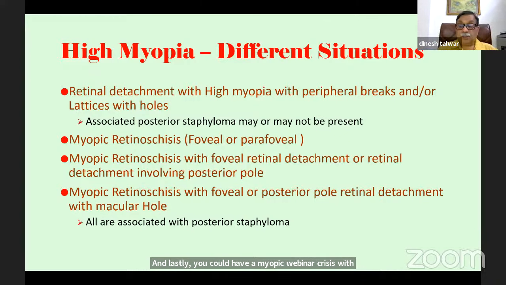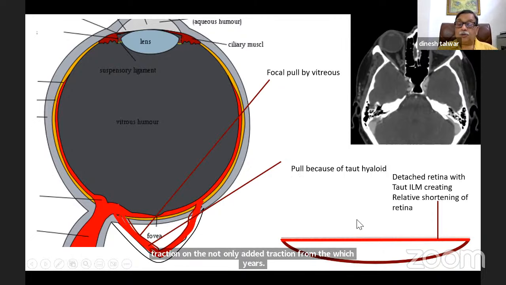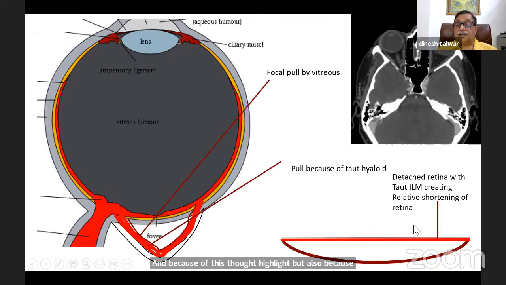Now, the importance of knowing whether there's a posterior staphyloma or not is because once you have a posterior staphyloma, you have added traction, not only from the vitreous because of the taut hyaloid, but also because once the retina is detached, there is a taut ILM, internal limiting membrane, which is creating a relative shortening of the retina.